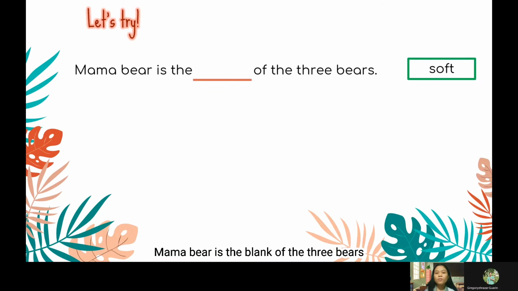Notice here that Mama Bear is compared with three bears, which is more than two. And it is what? It is superlative. So we add est. Then now soft becomes softest. Very good.